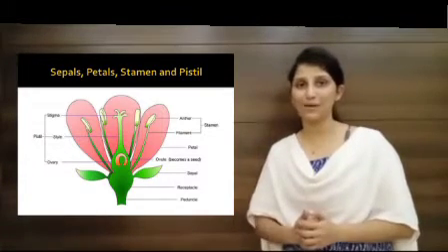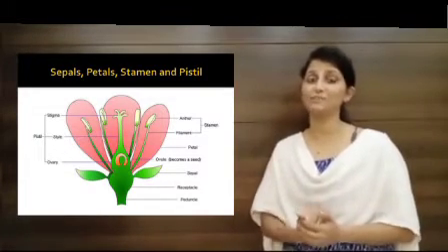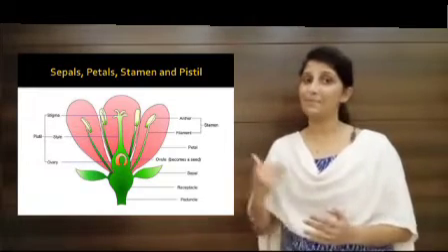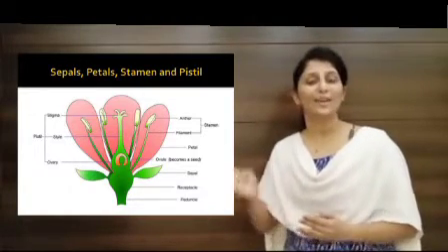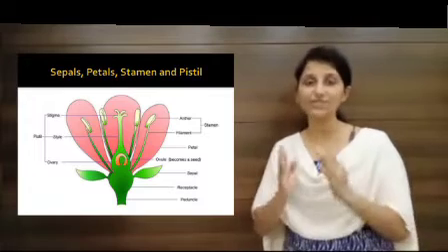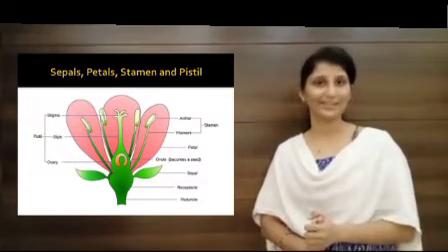And the other two parts are the male reproductive part called the stamen and the female reproductive part called the pistil. These two parts are called the essential parts of a flower. Is it clear?